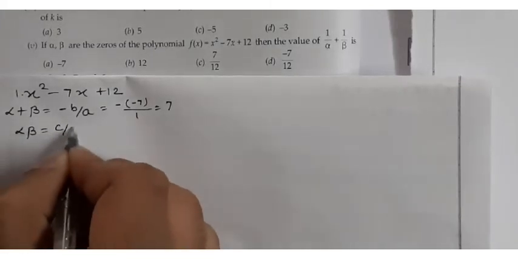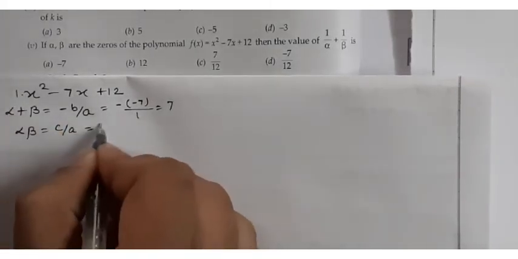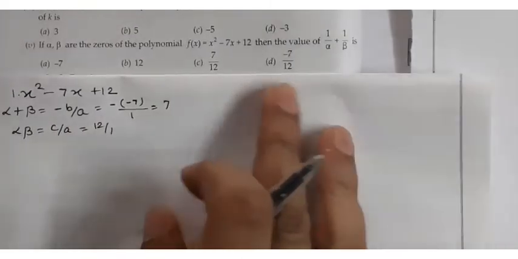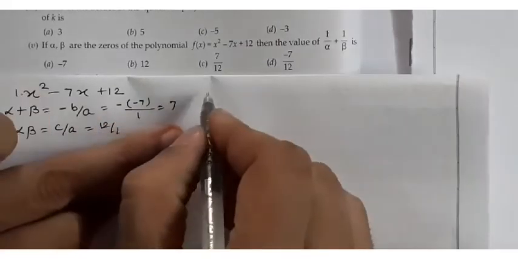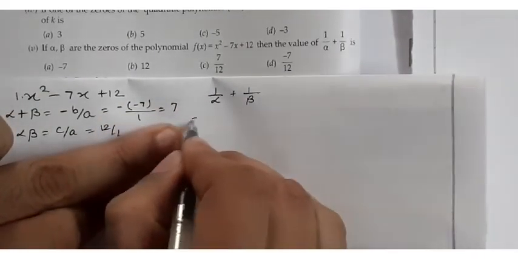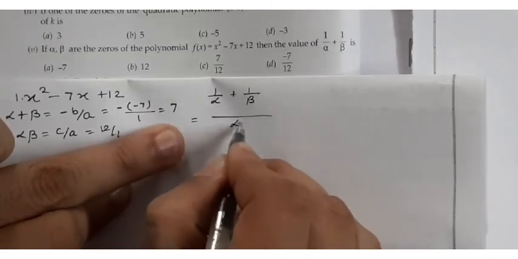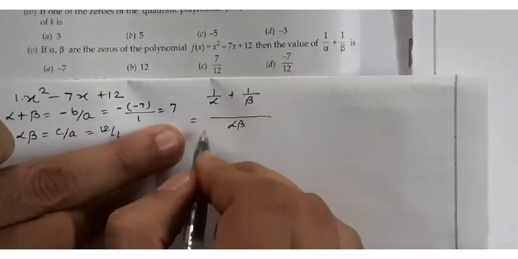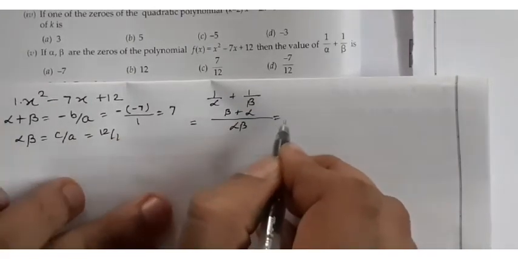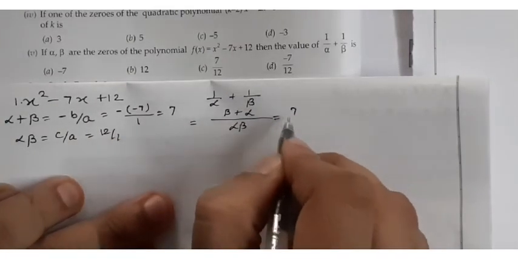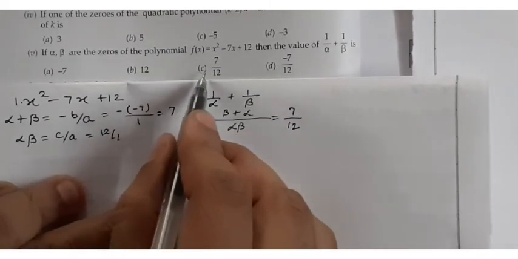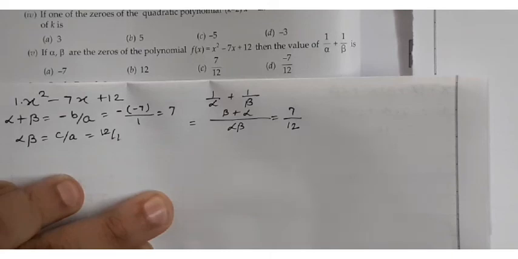Alpha beta is c upon a, 12 upon 1. Okay, then what is the meaning of 1 upon alpha plus 1 upon beta? Taking the LCM, beta plus alpha upon alpha beta. Alpha plus beta is 7, alpha beta is 12. So what is the answer? C is the answer, 7 upon 12.